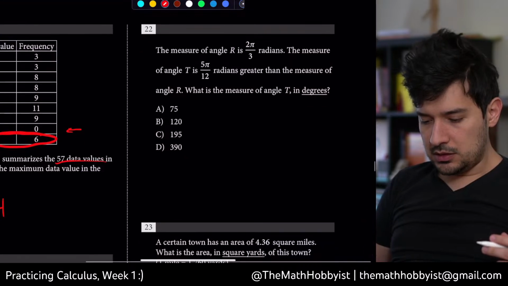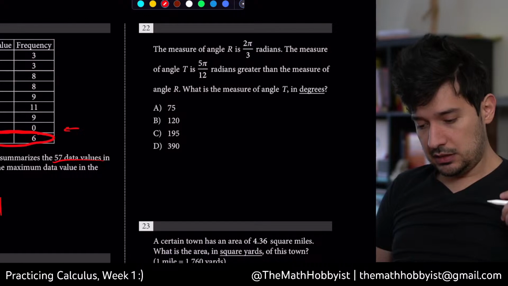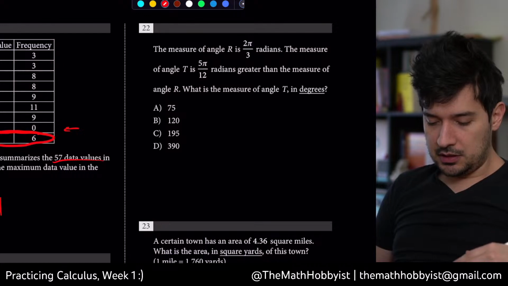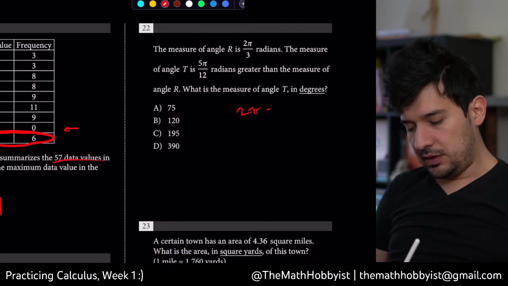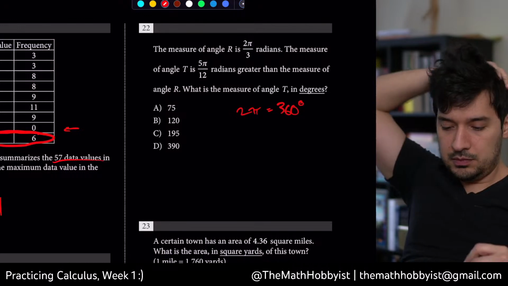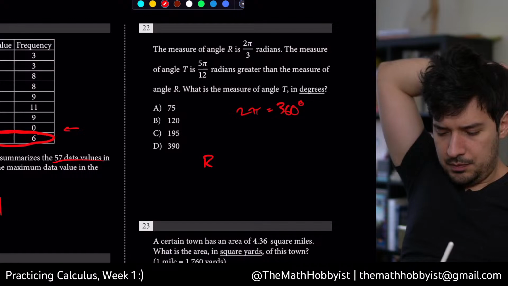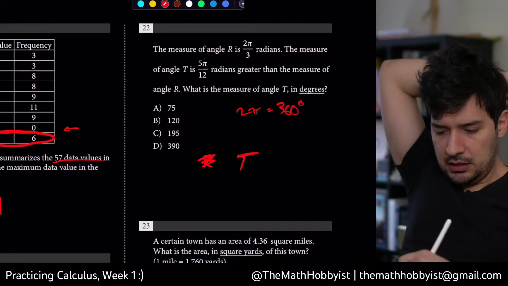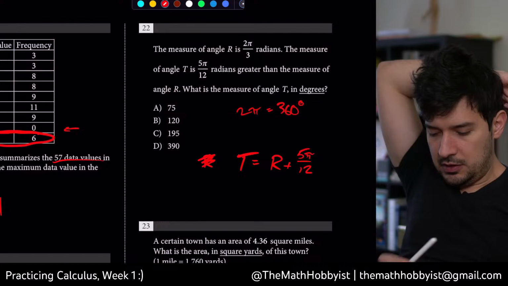Measure of angle r is 2 pi over 3 radians. Measure of angle t, is that greater than r? So we need to convert radians to degrees. 2 pi radians equals 360 degrees. So it says that t equals r plus 5 pi over 12, right?